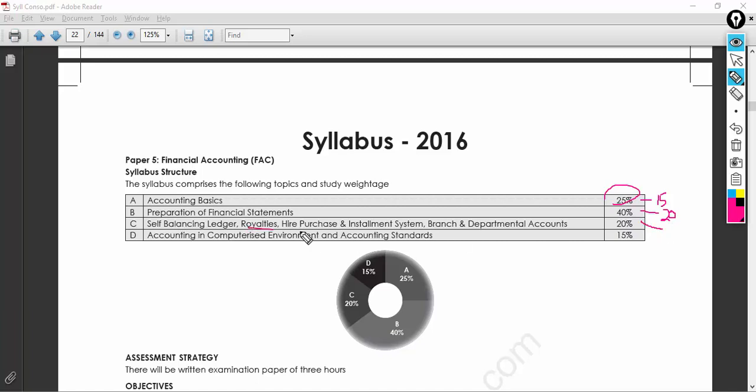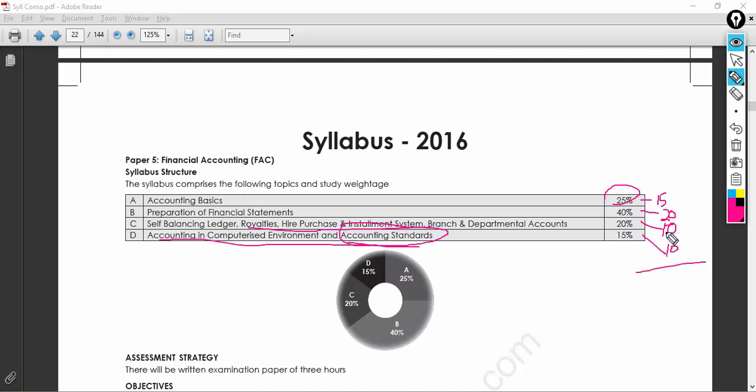And royalty and self-balancing, I believe some people might feel it is difficult, but however, I will take 10 marks here, which is 50%. Then we also have accounting in the computerized environment and the accounting standards. Very important, guys. Standards are very important for a professional like a CMA. So I'll again take a worst case of 10.